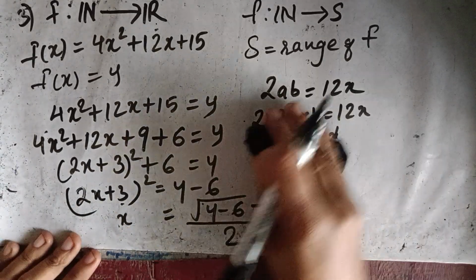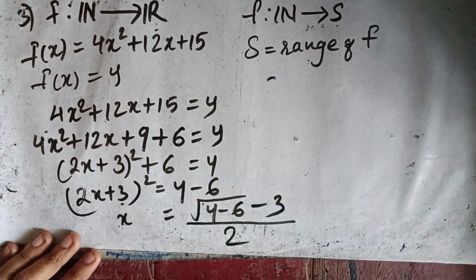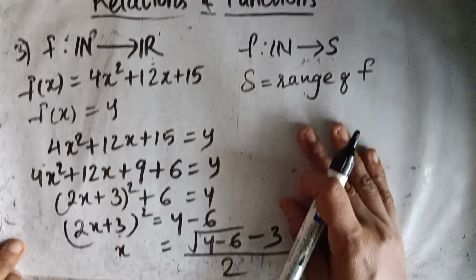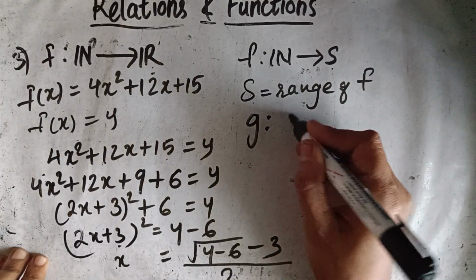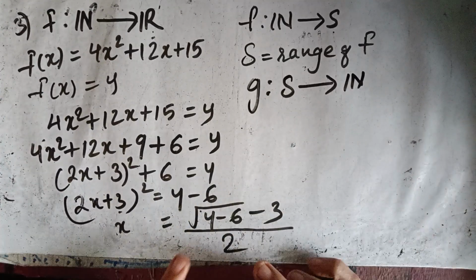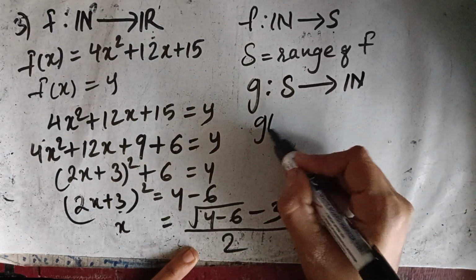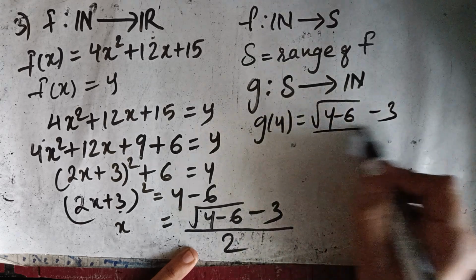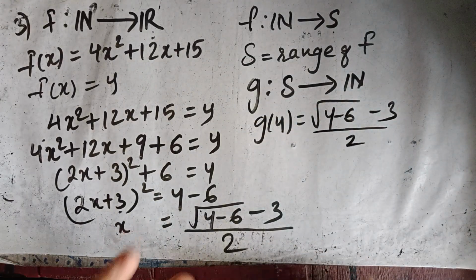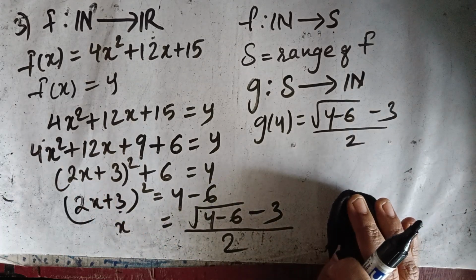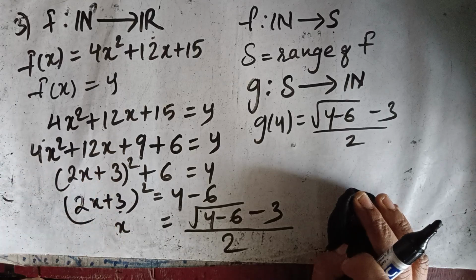So this is your x. Now you have to take from range to the set of natural numbers, and this is your g of y. g of y is root of y minus 6, minus 3, upon 2. Now you have to check for g of f of x and f of g of y.